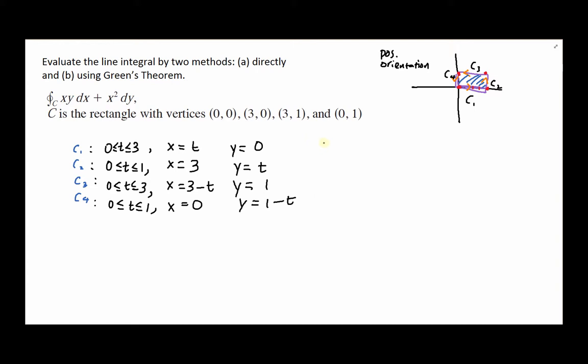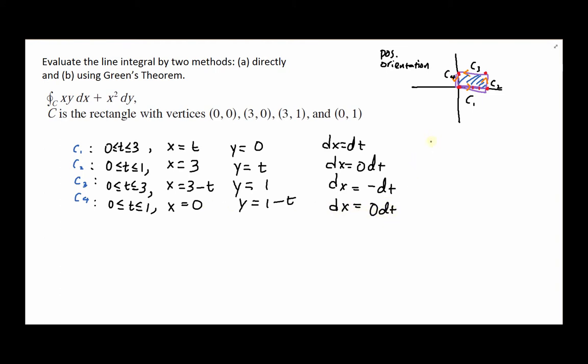I'm also going to have dx/dt and dy/dt, because when we evaluate the line integral, you have to have those in our arc length formula part. So dx, obviously when you take the derivative with respect to t, is simply dt. Then dx becomes 0 dt, then dx for our third curve becomes negative dt, and finally 0 is 0.